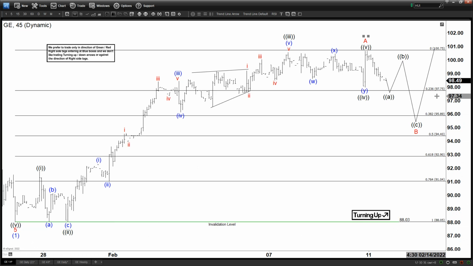So if you only care about the shorter cycle, if you don't care about anything other than just the next few hours, let's say the next 24 hours, then the expectation here is simply that we will be doing a pullback. That's all you need to care about. If you don't understand the higher degree alternates and all those things, then I think it's sufficient to think that we're going to get a pullback, and it can go to, let's say, 94, 95.